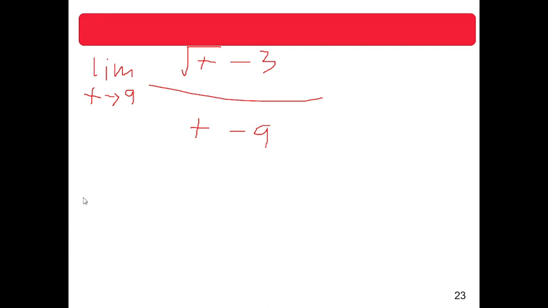Now, before we deal with this one, I want you to instill in your mind that you need to change this function to something else before directly substituting it.